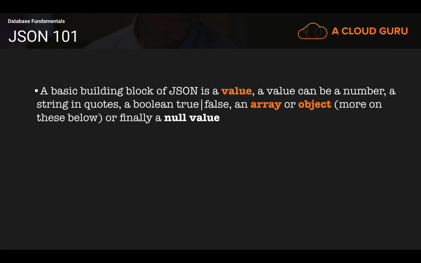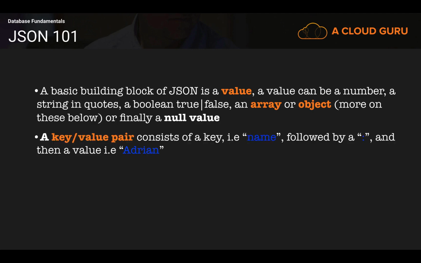A value can be a number, a string, which is generally denoted by quotes, a boolean, which is a true or false value, and it can be an array, which is a list of objects, or an object. Now, an object is more commonly known as a JSON schema, or aligns with the dictionary object in Python, which we've discussed previously. Lastly, a value can be a null value, and that's important to remember.